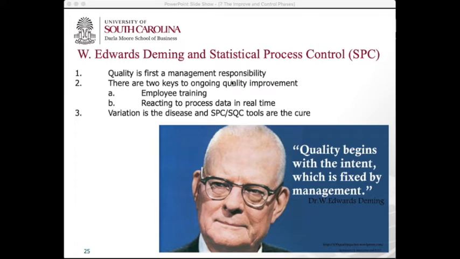Having the requirements that the customer wants, and it's based on employee training and how we react to things when they happen, right? So how do we collect data to understand exactly what's going on, and how to tackle variation, right? So statistical process control is a lot about how to understand variation, how to cope with variation, how to figure out what kind of variation is happening, okay? And that's what we're going to do moving forward.